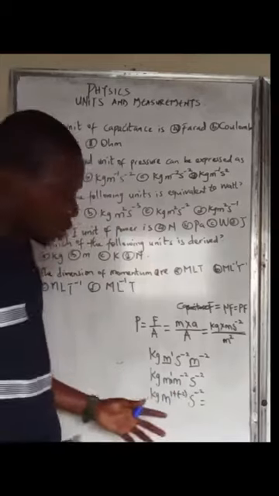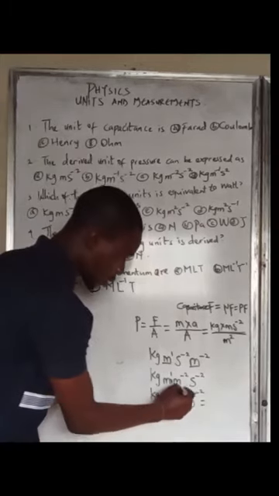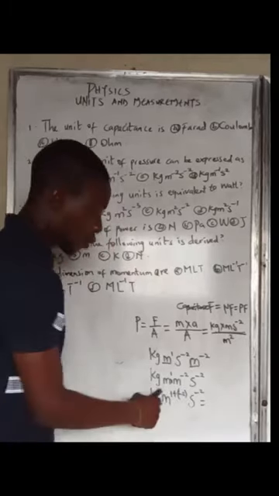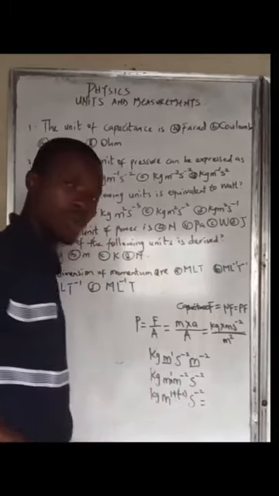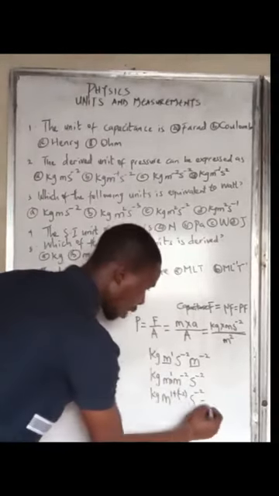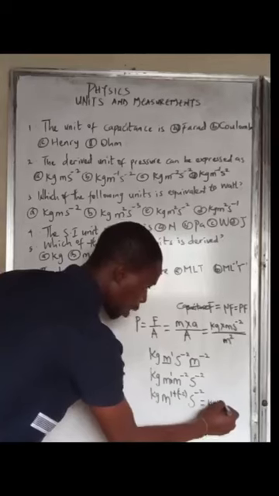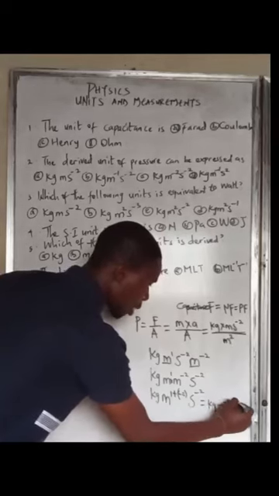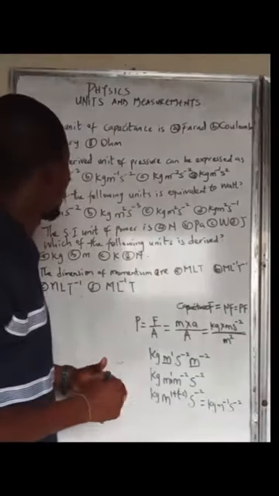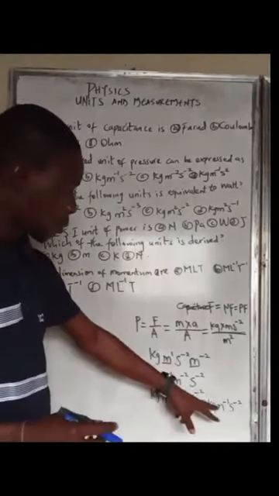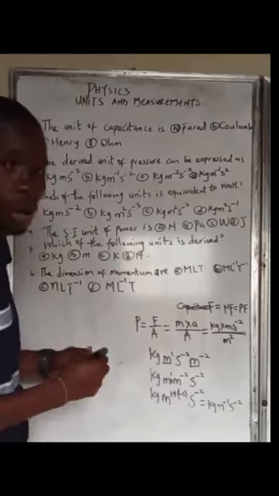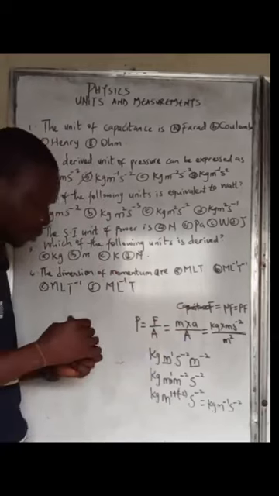So let's see what this gives us. Plus times minus is minus, and that will give us 1 minus 2, which is going to give us what? Good. That is minus 1. So we have kilogram, m power minus 1, and s power minus 2. Now going back to the question, kg m power minus 1, s power minus 2 is going to be option B, correct.